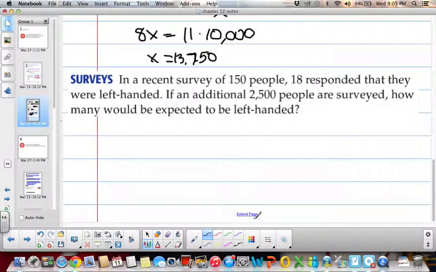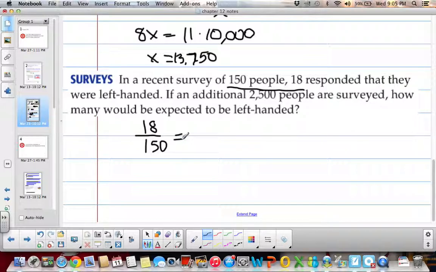In a recent survey of 150 people, 18 responded that they were left-handed. If an additional 2,500 people are surveyed, how many would be expected to be left-handed? So we know that 18 out of 150 are left-handed. So we're going to set this up as a proportion again, just like the previous problem.